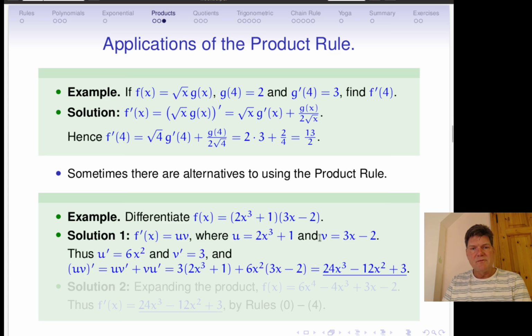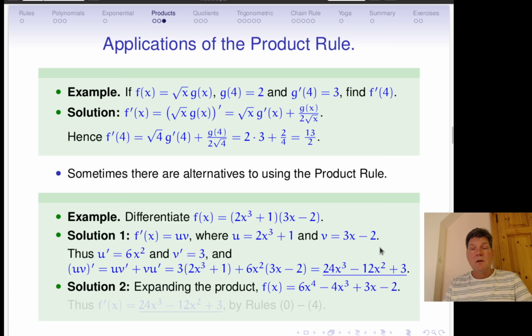The derivative of the v term, v prime, is 3, and then we can compute, using the product rule, the derivative of u times v as u times v prime plus v times u prime, and bringing it all together and adding it up gives 24x cubed minus 12x squared plus 3.